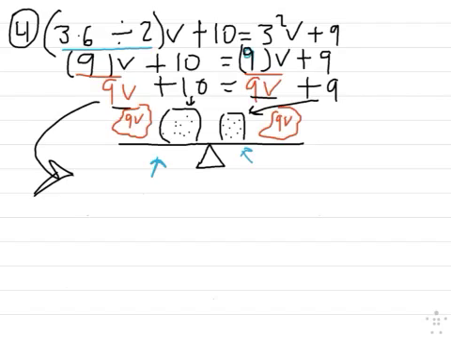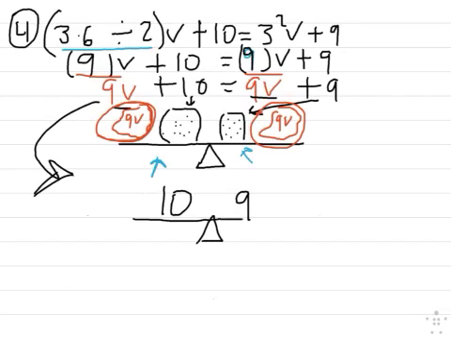Well, the 9v weighs exactly the same as this. So when you boil it down, we've got 10 and 9, right? That's what's trying to keep our scale balanced. Those two things are kind of fighting to balance out. And it turns out these are not the same, so it's not going to be equal.